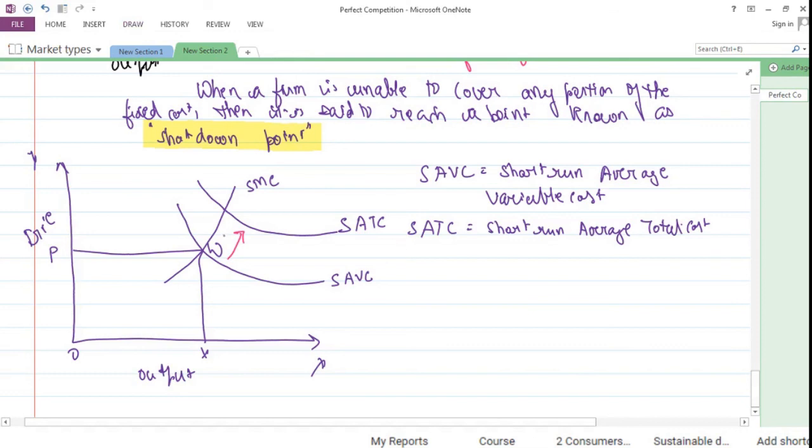So at this stage, that is at W, because I am not able to cover my total average cost, I would be attaining a point which is known as shutdown point. So W is equal to the shutdown point for this firm.